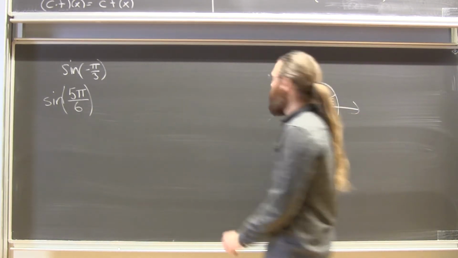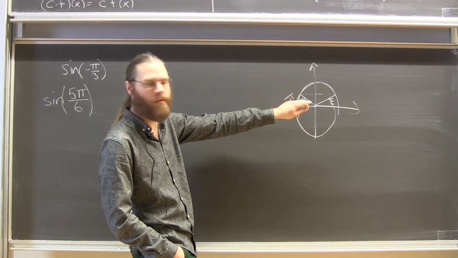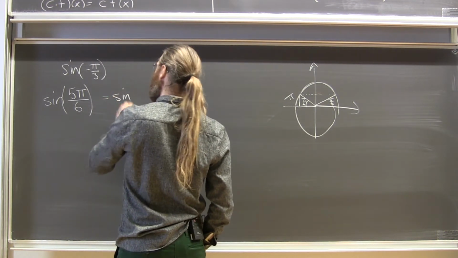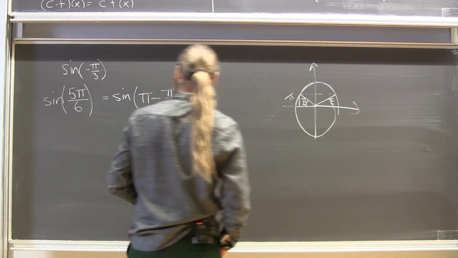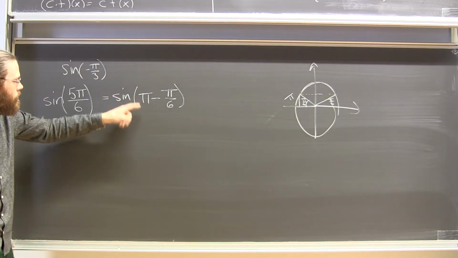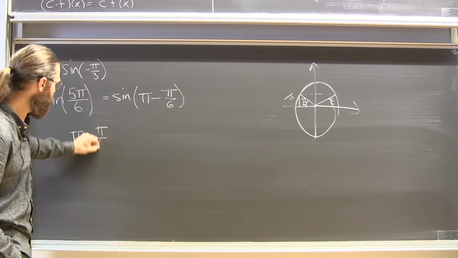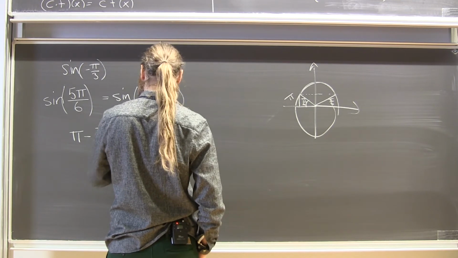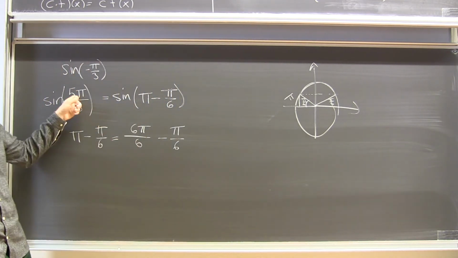So what we have actually just rediscovered was what I said last session, that if we rewrite it as pi minus pi 6th, which we can do, because this is the same as 6 pi divided by 6 minus pi over 6, and then we get this, right?